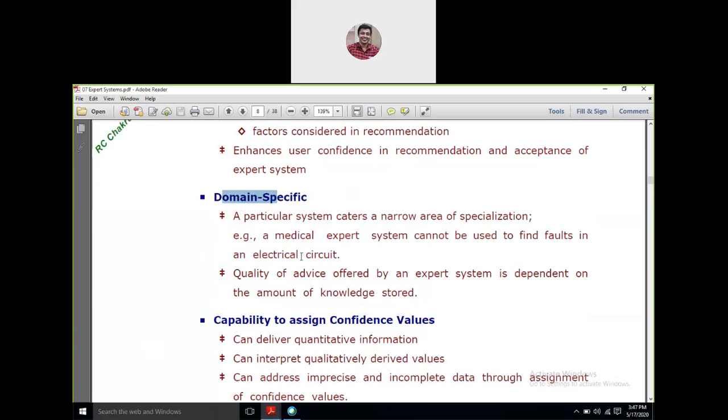Whereas when you are handling diverse kinds of information to be kept in the knowledge base, then this database feeding mechanism becomes very, very critical, and the way to handle this information also becomes very tough. So most of the time, an expert system is a domain-specific one.